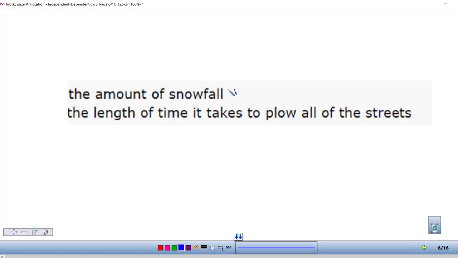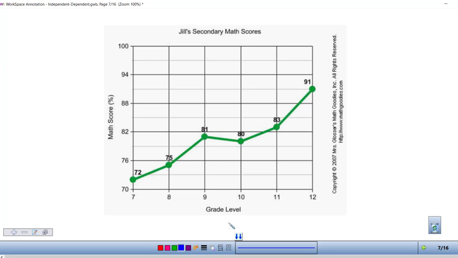We have to have the snowfall first, and then the length of time it takes to plow depends on how much snow. Okay, again, whatever is on the x-axis, in this case grade level, is independent, and math score is dependent. The score depends on your grade.